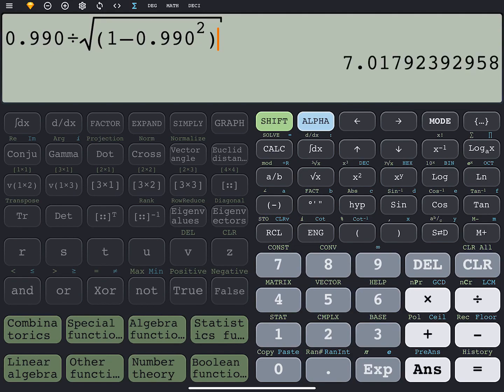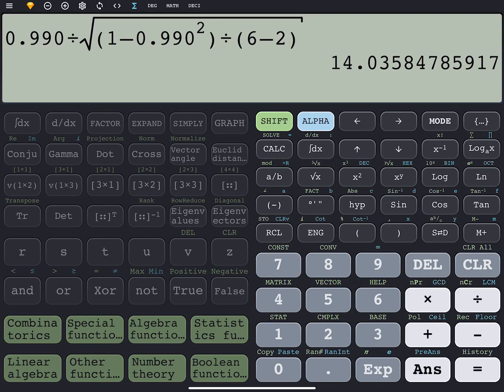I close that parentheses, and I divide under the radical. I can put another parentheses and say 6 minus 2. And close that, or I could just put 3.